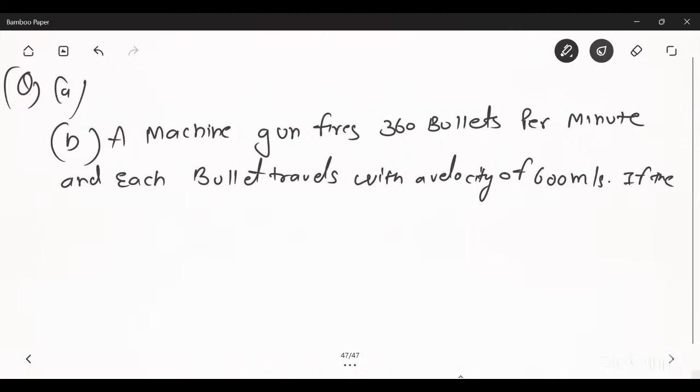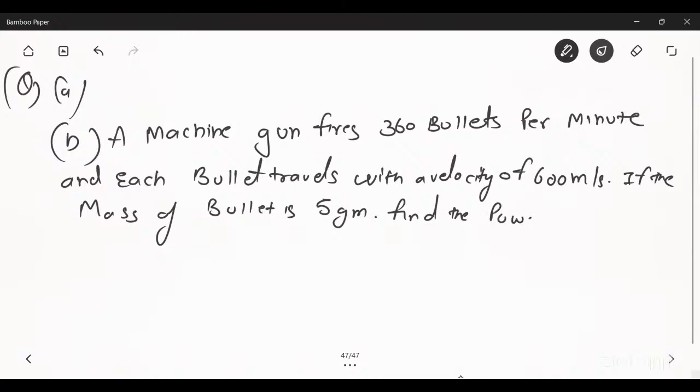If the mass of each bullet is 5 gram, find the power of the machine gun.